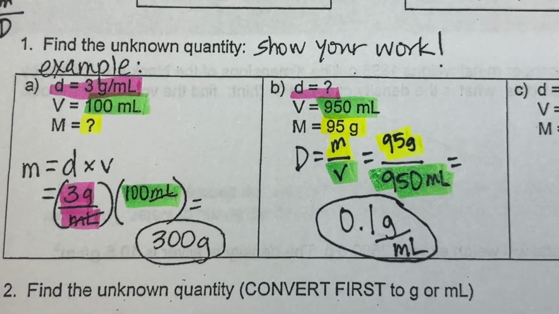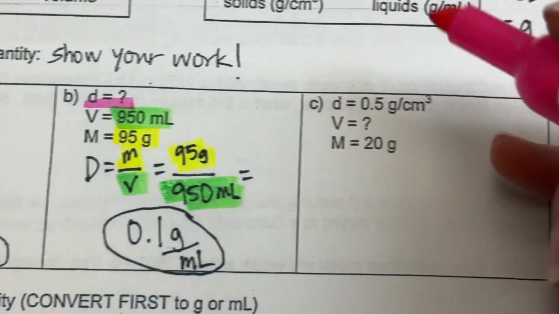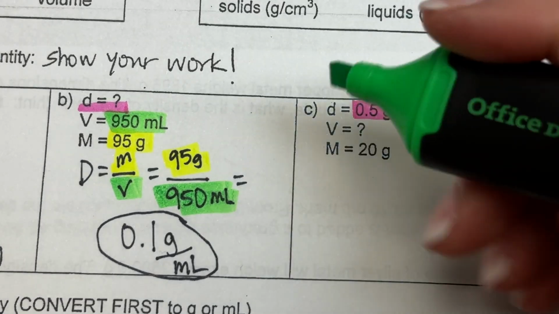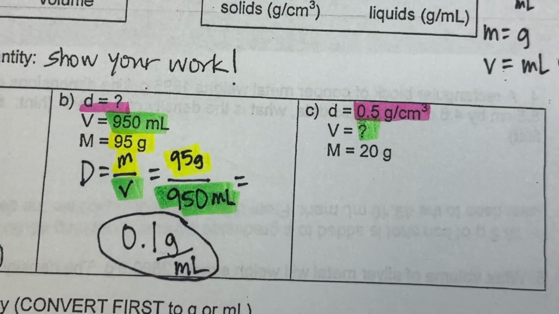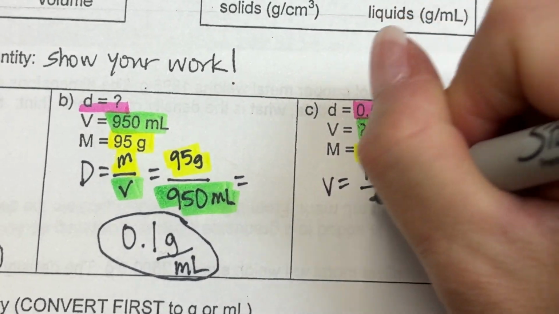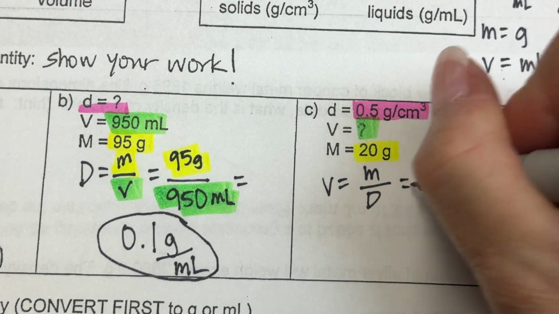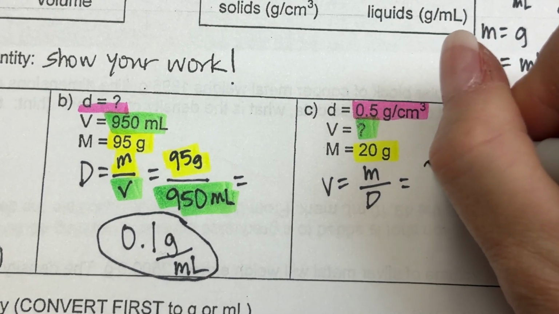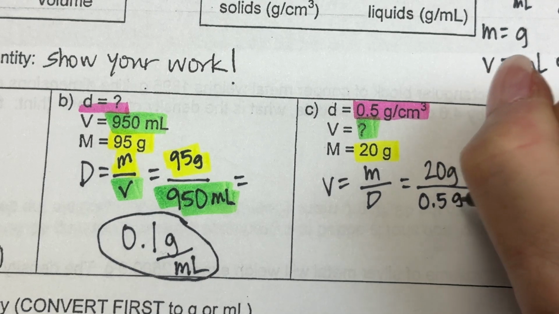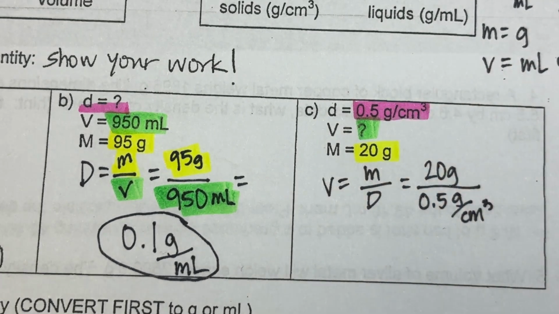All right. The next problem says density equals, volume equals question mark, and mass equals 20 grams. So volume equals mass divided by density. Mass is 20 grams and density is 0.5 grams per centimeters cubed.